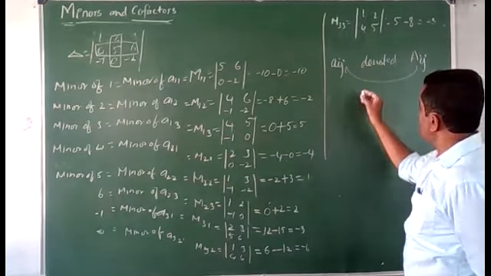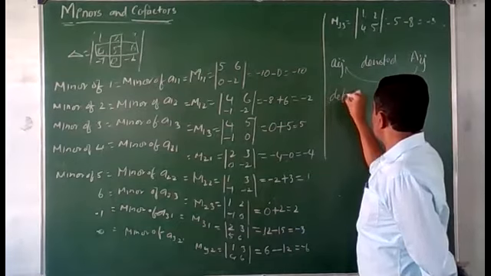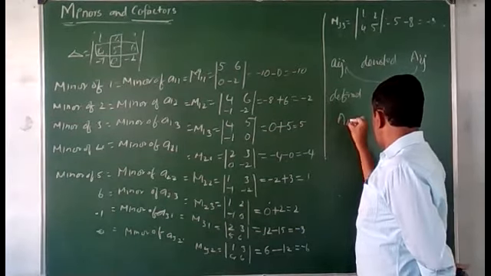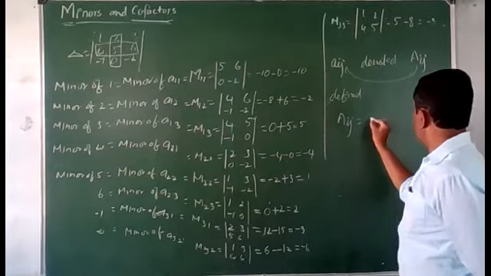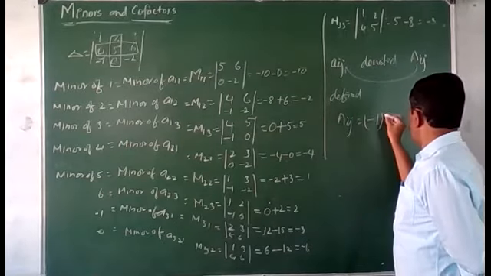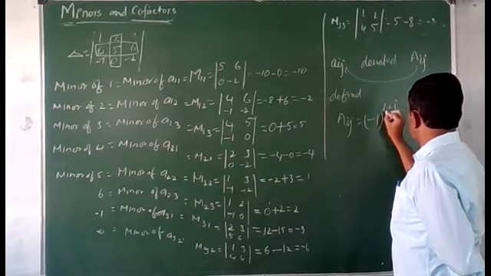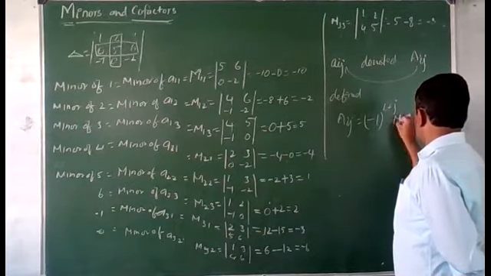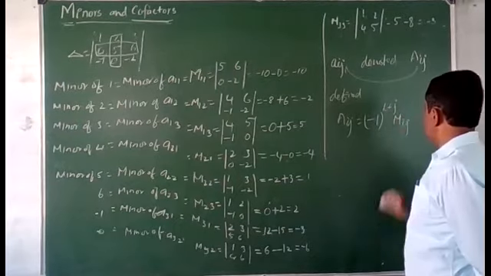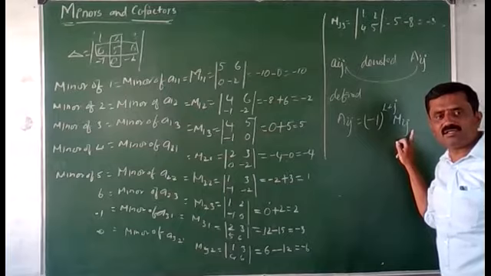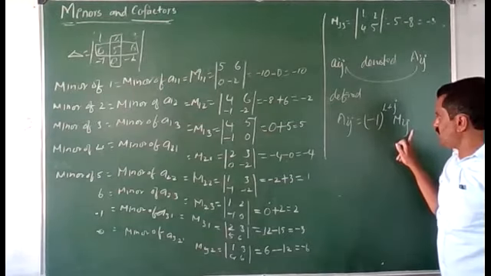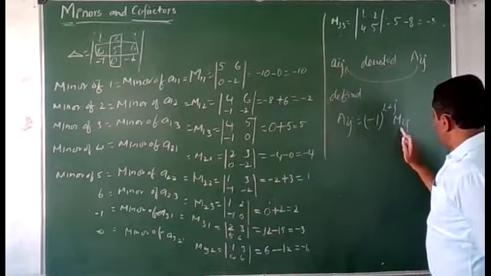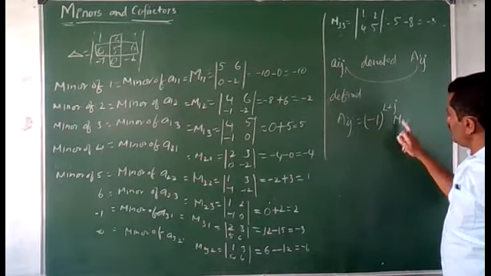So usually it is defined as Aij is equals to -1 whole to the power of i plus j, where i is the row subscript and j is the column subscript, into Mij, where Mij is the minor of the element aij. So we already learned that Mij is the minor of an element.